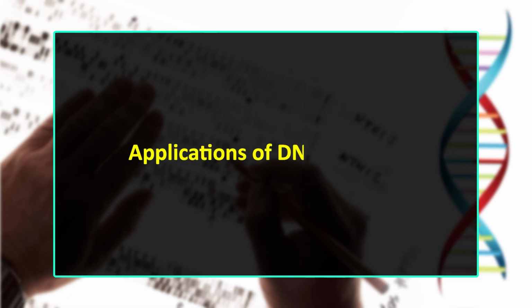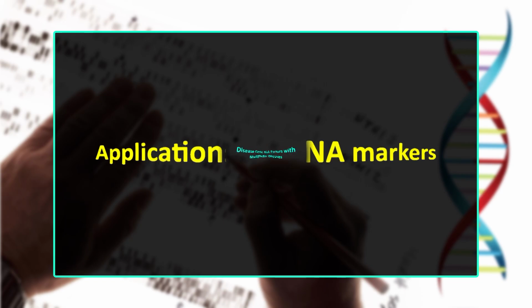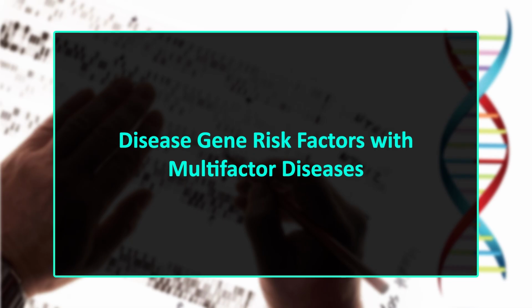Dear students, let's now discuss the applications of DNA markers. Disease gene risk factors with multifactor diseases. The key goal of studying DNA polymorphisms in human genetics is to identify the chromosomal location of mutant genes associated with hereditary diseases.